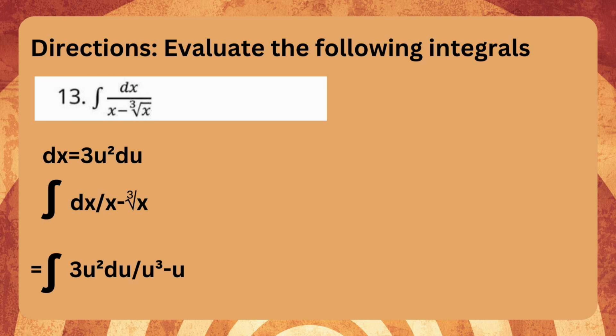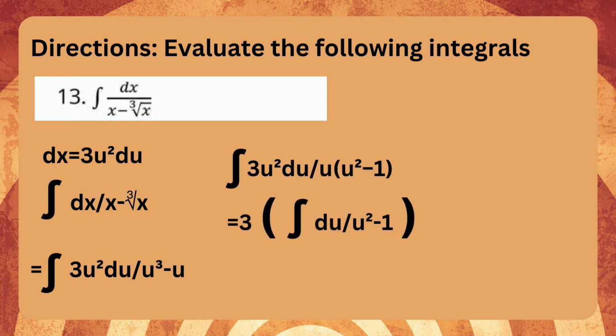Integral of dx over x minus cube root of x is equals to the integral of 3u squared du over u cubed minus u, which simplifies to the integral of 3u squared du over u times the quantity of u squared minus 1 is equals to 3 times the integral of du over u squared minus 1.